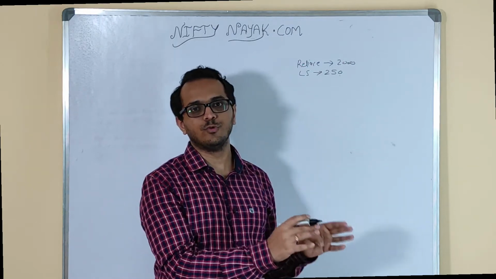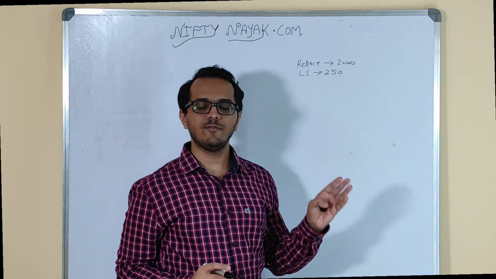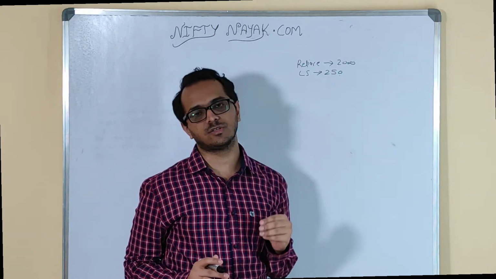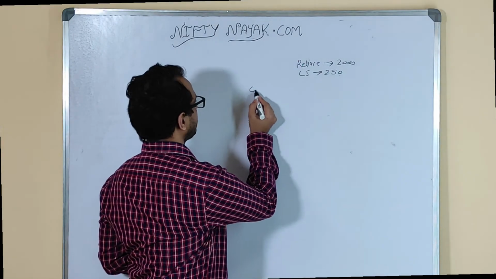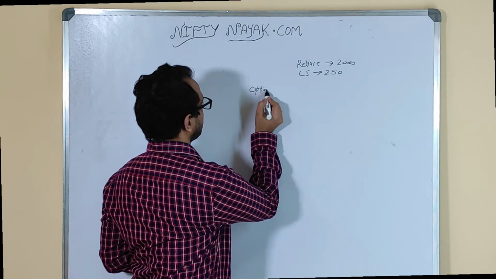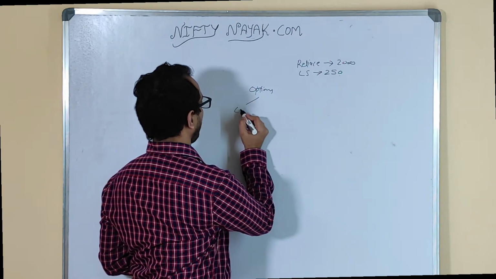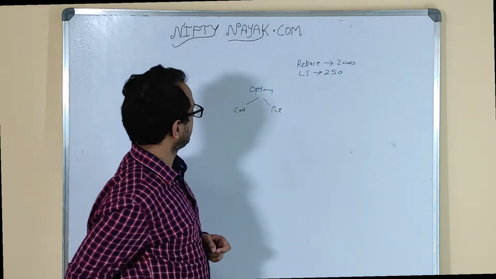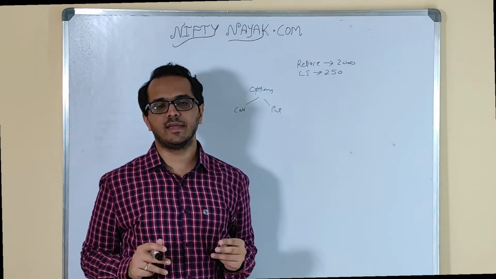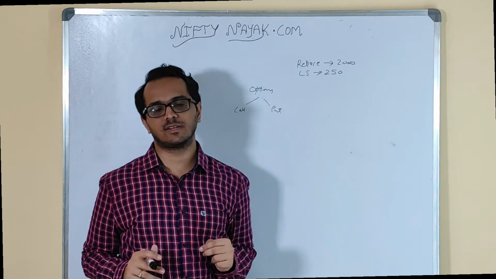This is futures trading. Now I will be telling you what is options trading. In options trading, you have two things. One is the call and the other is the put. In options trading, you have two players.